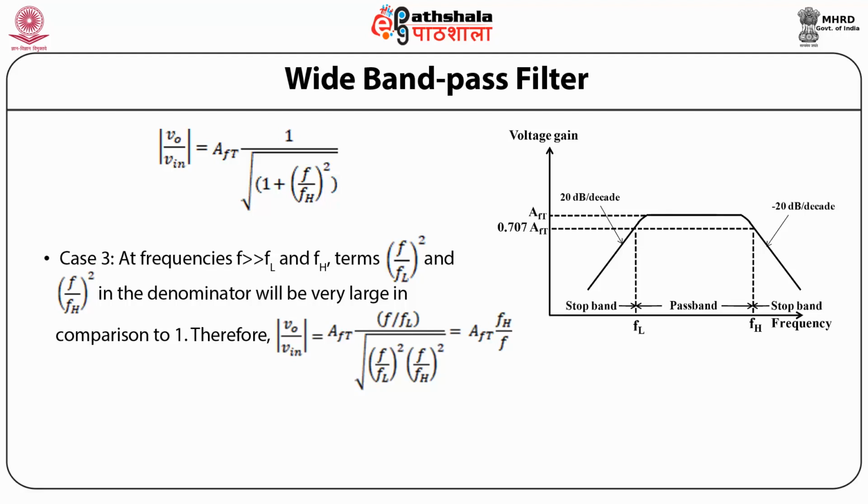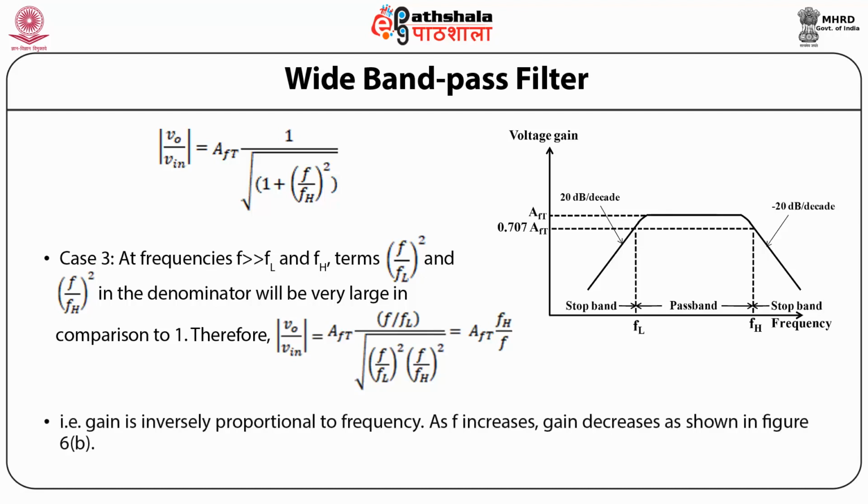Therefore, modulus of V0 by Vin is equal to AFT into f by fL divided by square root of f by fL whole square into f by fH whole square. This equals AFT into fH by f. That is, gain is inversely proportional to frequency. As frequency f increases, gain decreases, which is shown in the figure.